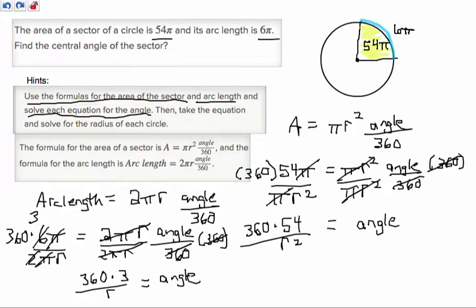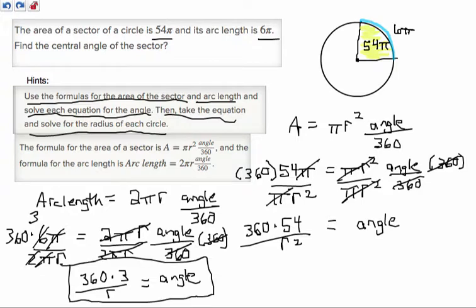So our next hint said, then take the equation and solve for the radius of each circle. So here's our equation. 360 times 3 over r equals angle. And this equation says 360 times 54 over r squared equals angle. So notice we have two equations both equal to the same thing.